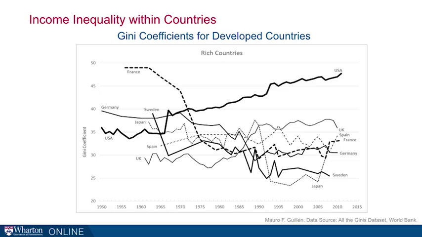As the Gini coefficient approaches 100, we see that more of the income is going to fewer of the individuals or the families or households in that country. We see that quite clearly in the United States, income inequality has been going up. That has also happened in several other rich countries in the world, especially in Europe.